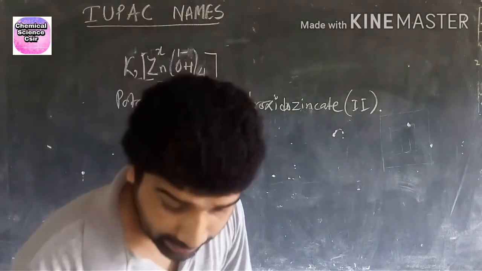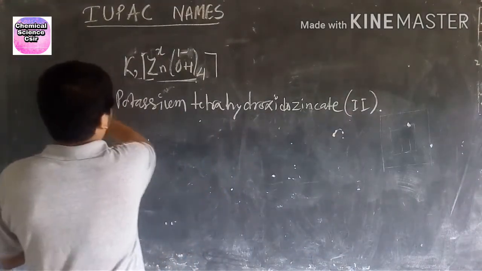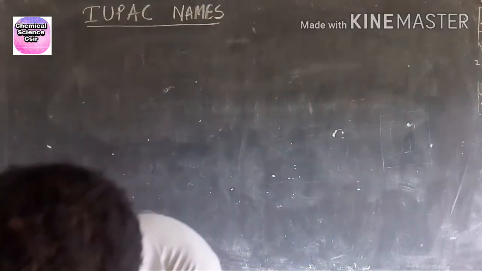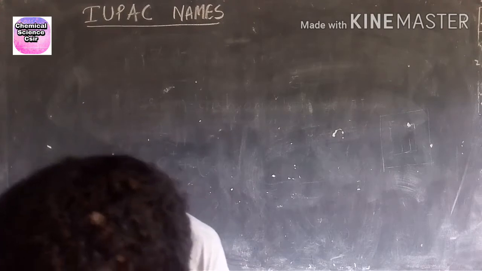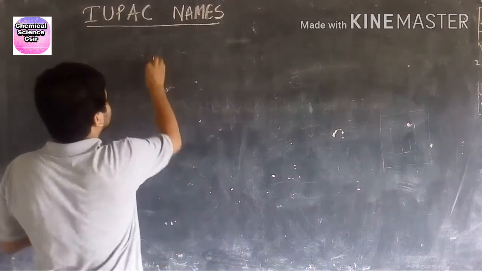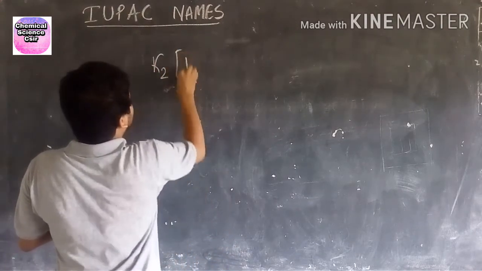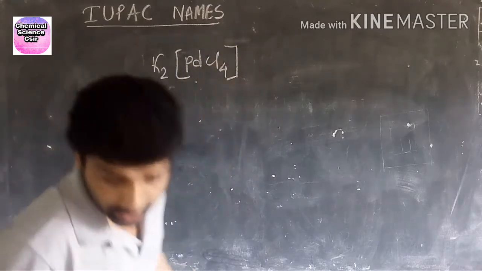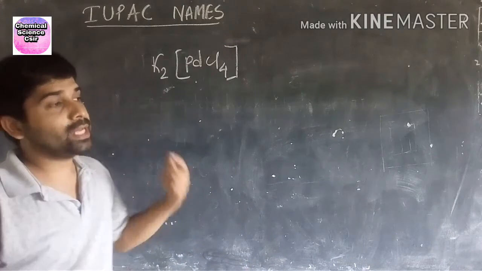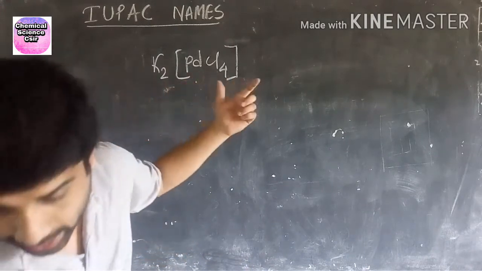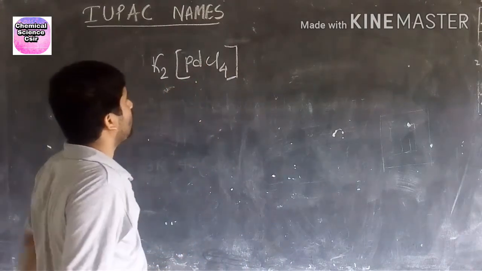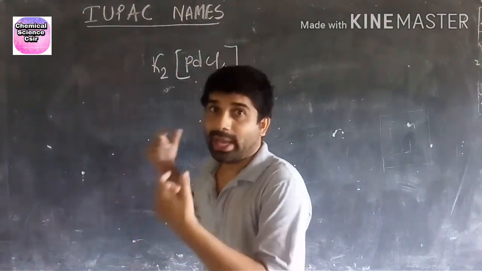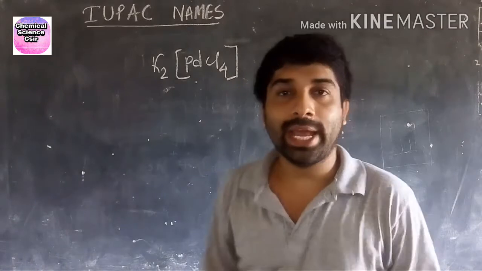Another example. Suppose K2[PdCl4]. Now you can find out which one is the cation part and which one is the anion part.